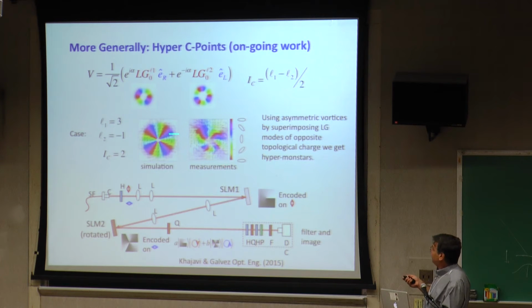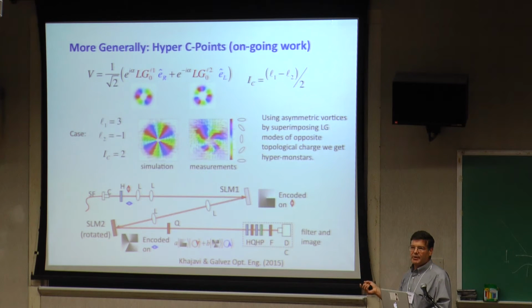And then recently we've been doing this work. I'm not going to tell you much about that, but it involves a setup where you have two spatial light modulators, and in one spatial light modulator you encode one mode, and in the other one you encode another mode. Spatial light modulators encode only on a component of the electric field, so the two spatial light modulators are rotated.